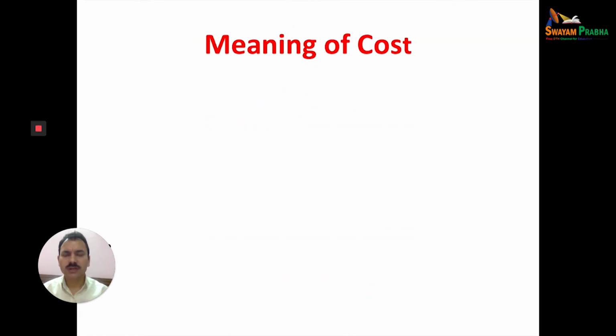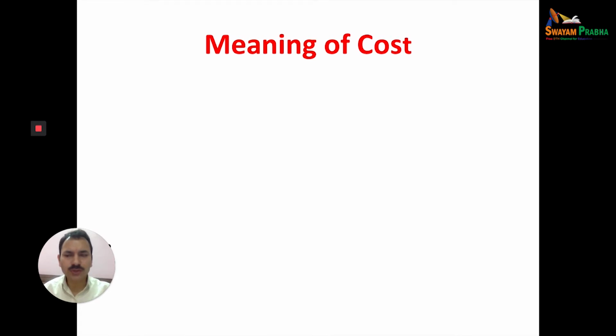So let us discuss what is cost, the meaning of cost. The firm's decision on profit maximizing depends upon the behavior of its own cost as well as the behavior of its own revenue.